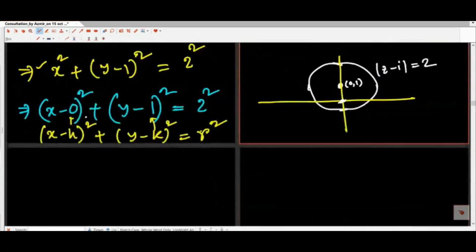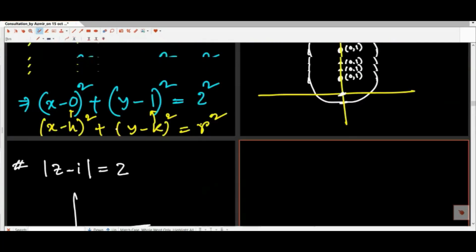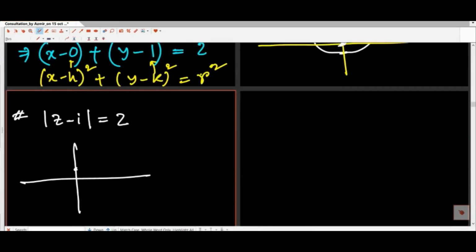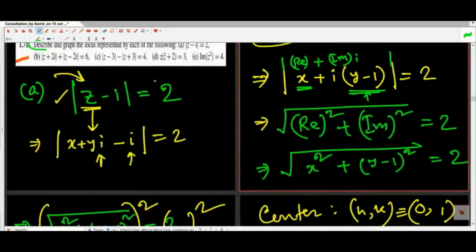Let's say we have modulus of z minus i equals 2. So we are sure that this is a circle. Okay, if we have the same equation, modulus of z minus i equals 2, let's say instead of equal we have less than. That means from the very beginning you have less than.